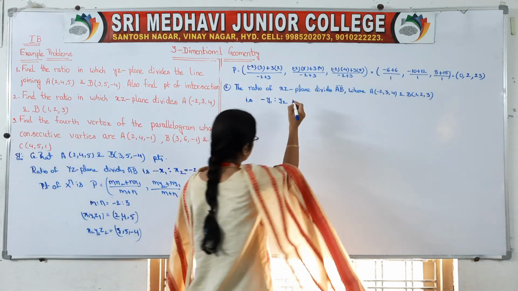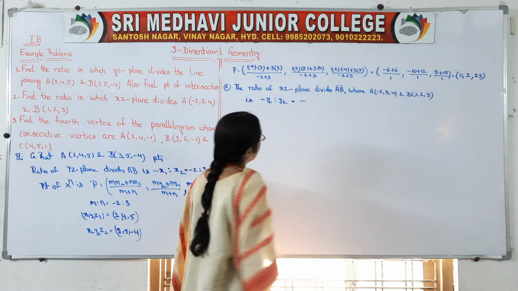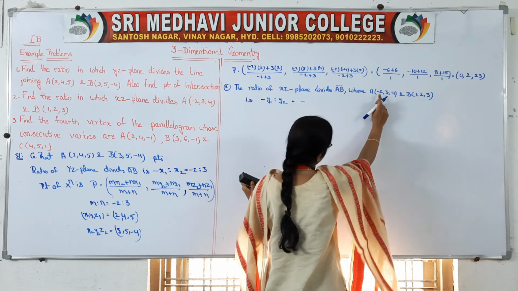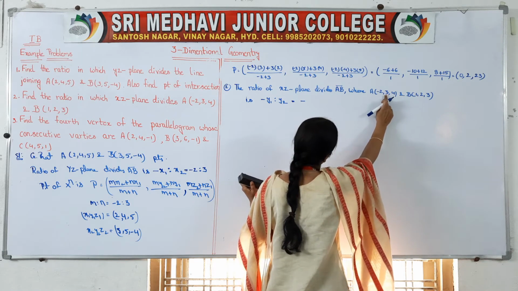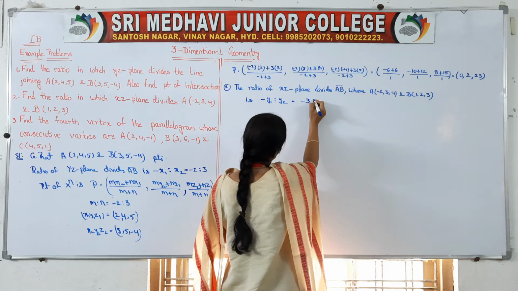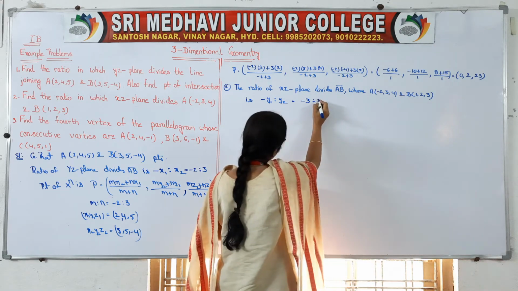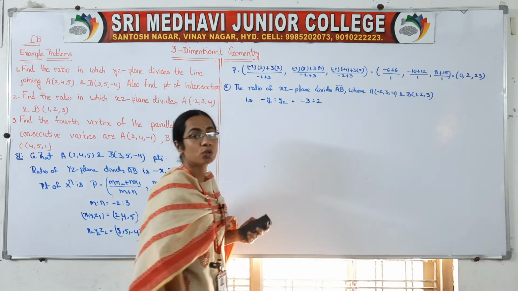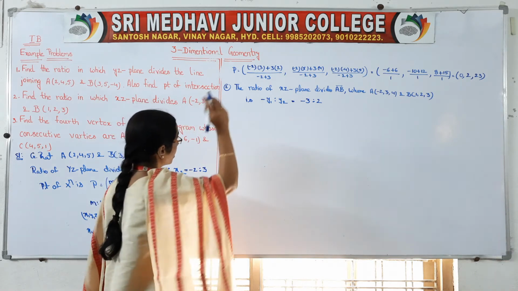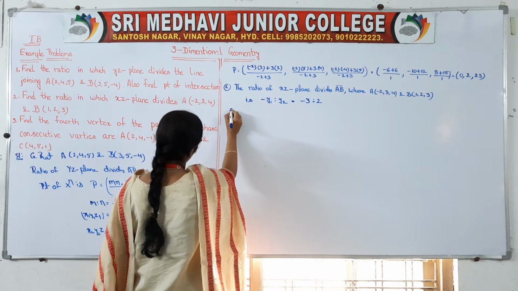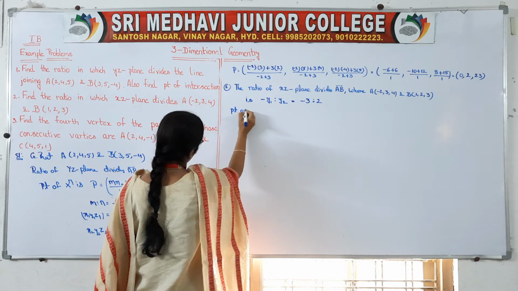Okay. So, it is equal to minus of y1. This is x1, y1, z1. So, it is 3 is to y2, same x1, y1, right? It is minus 3 is to 2. Okay. So, now find the point of intersection also.